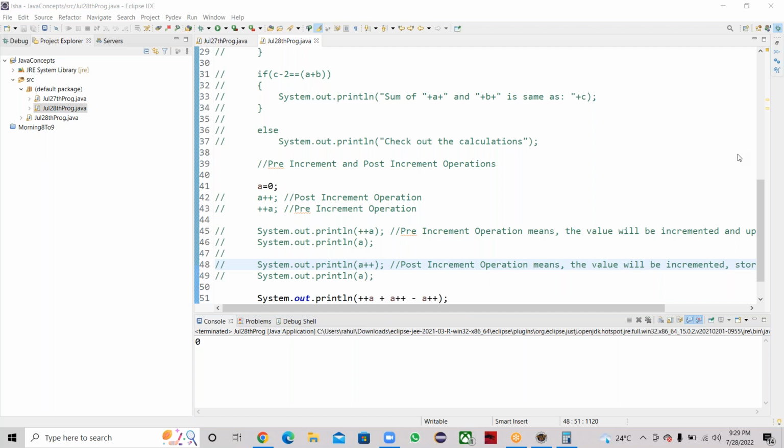So here the answer will be 0 minus; here 1 plus 0 is 1. So 1 minus 1 is 0. I think the answer is that. Yeah, you are right, Haripriya. Thank you.